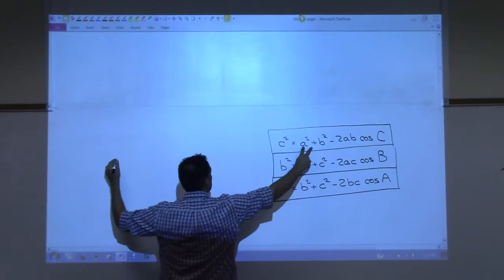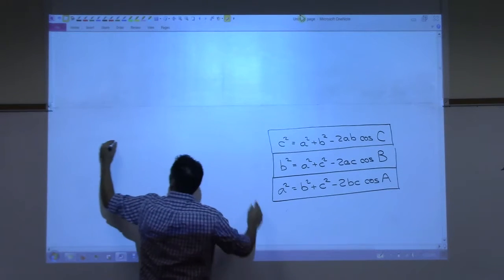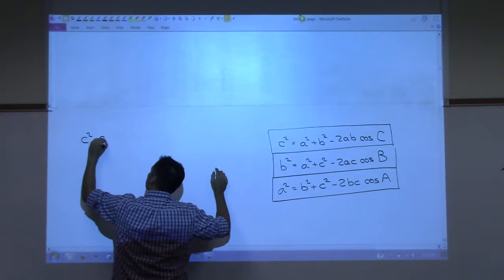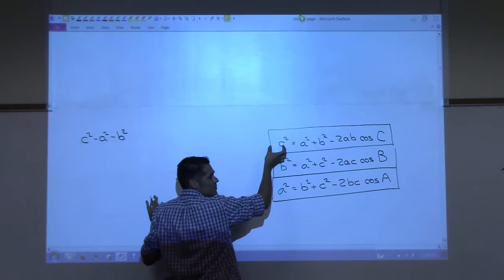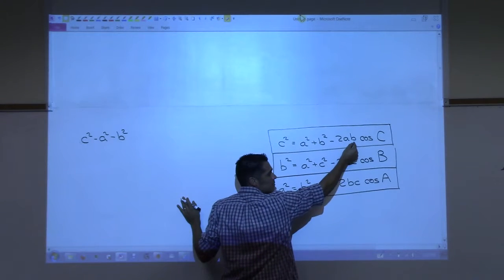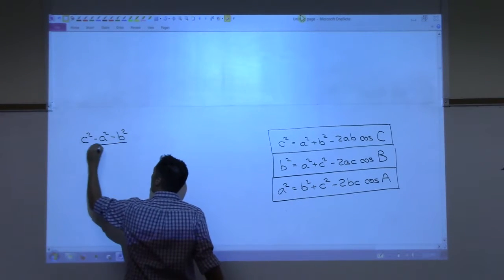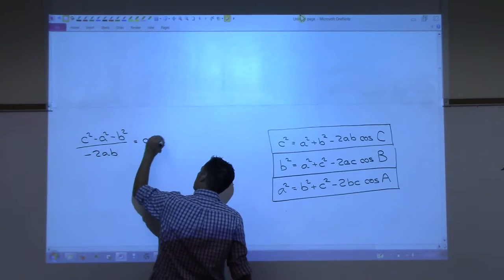So let me move the A squared and B squared to the other side on this first equation. So I'm going to have C squared minus A squared minus B squared, right? That would be these two to this side, yes? Then let me divide out negative 2AB. If I divide out negative 2AB, wouldn't I be left on the other side with cosine capital C?